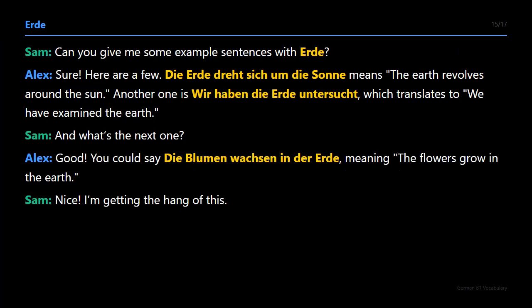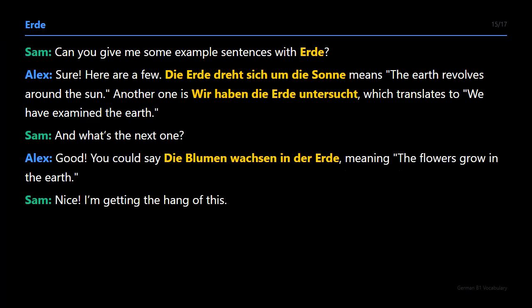Can you give me some example sentences with Erde? Sure. Here are a few. Die Erde dreht sich um die Sonne. Means the earth revolves around the sun. Another one is, Wir haben die Erde untersucht, which translates to we have examined the earth.